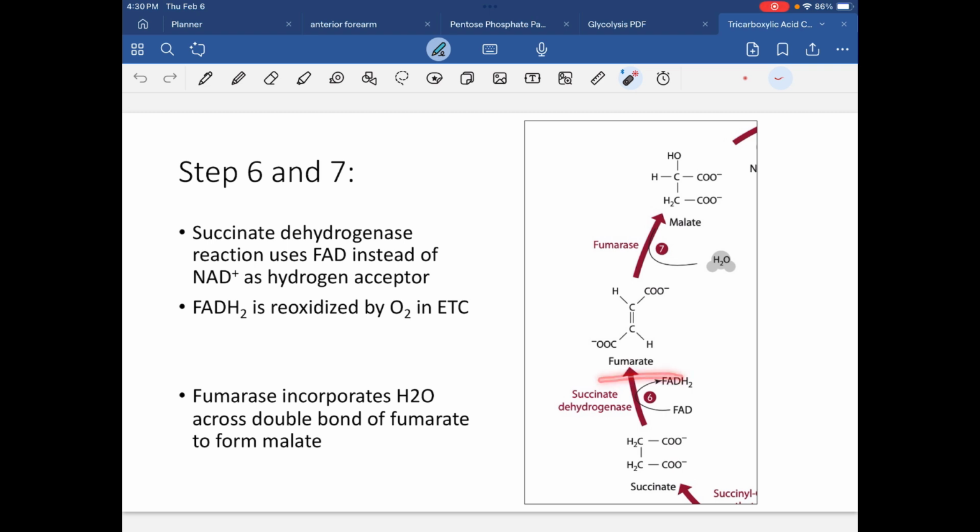Now we have fumarate. The enzyme that's going to convert it to the next intermediate is fumarase. Remember, -ase is a good sign that it's an enzyme. So that's how you know fumarase is the enzyme and fumarate is the intermediate. It's going to take some water and just throw it on, and just by adding that water, we get a new intermediate called malate.